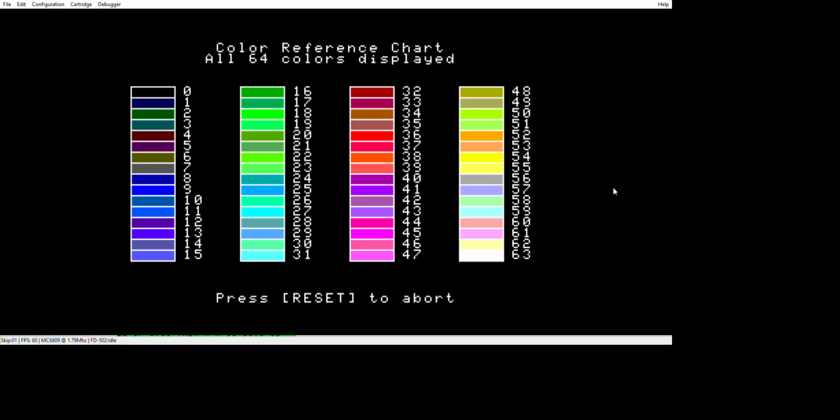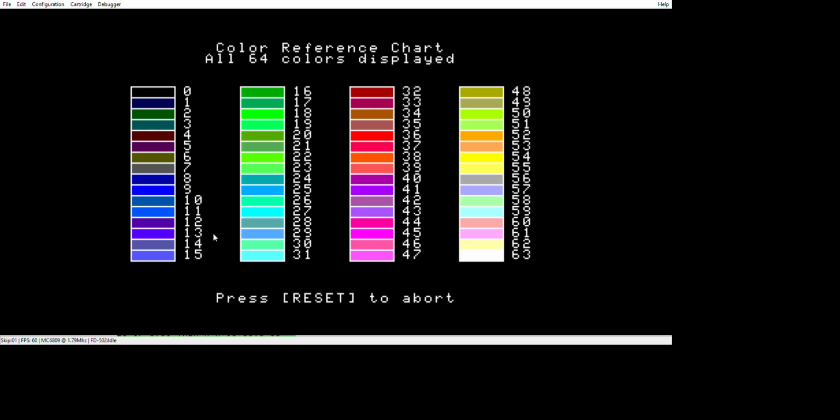But 15 times 4 is 60. Wait a minute here. Is this 16? That's 16. If I get a calculator out here, 4 times 16 equals 64, okay? So there's 16 in each block here.